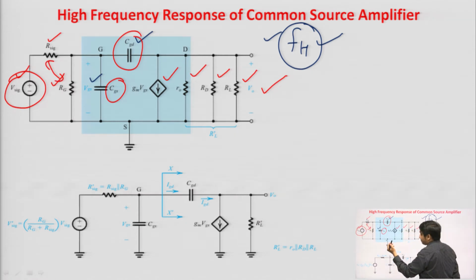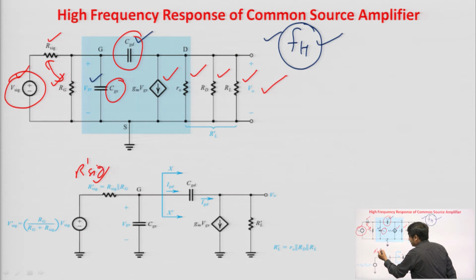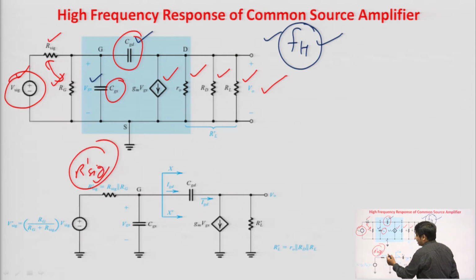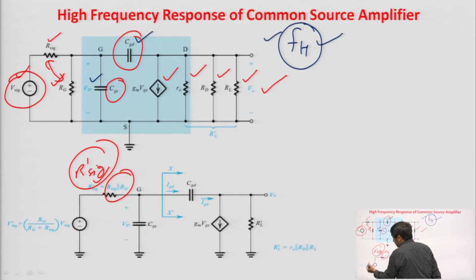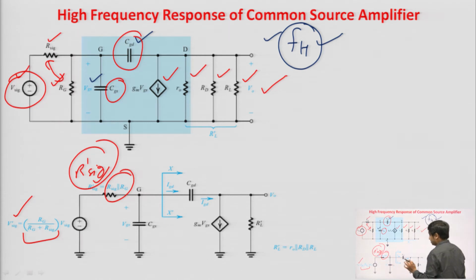So, we can replace Rsig and Rg with a single resistor, R dash sig, which is the parallel combination of Rsig and Rg. Similarly, what will be the new value of V dash sig as per the Thevenin equivalent? It will be Rg upon Rg plus Rsig into Vsig, fine.